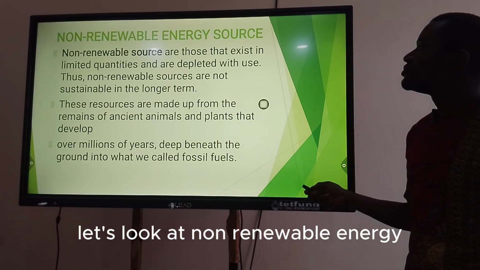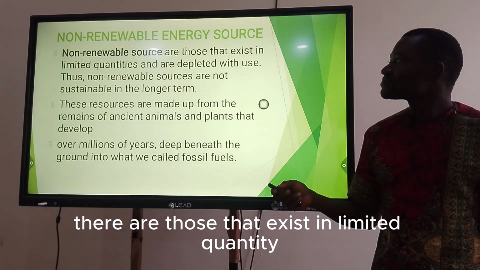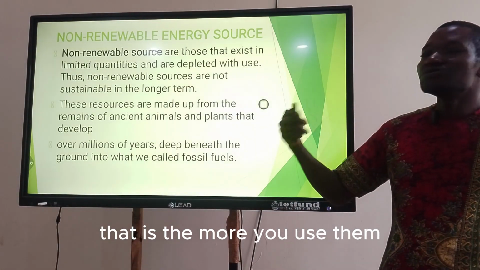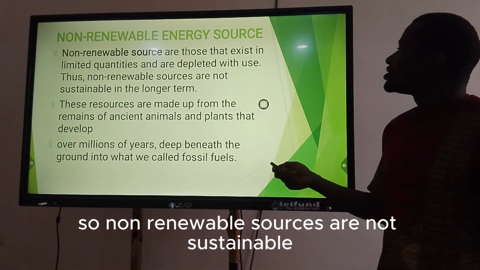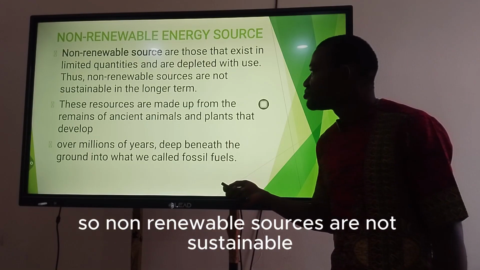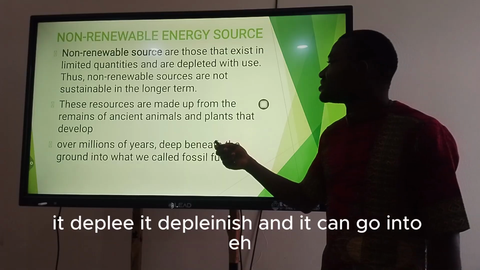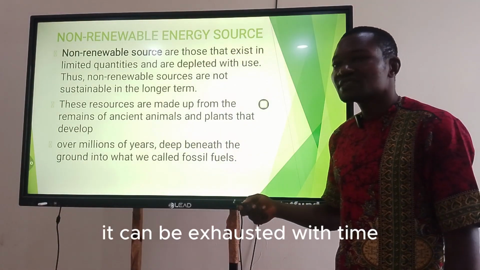Let's look at non-renewable energy. There are those that exist in limited quantity and are depleted with use. That is, the more you use them, the more the energy sources reduce. So non-renewable sources are not sustainable in the long run because with time they deplete, and they can be exhausted.